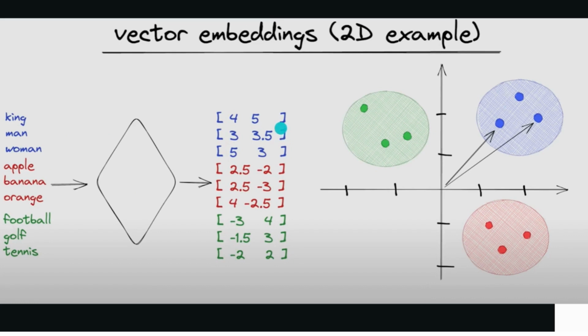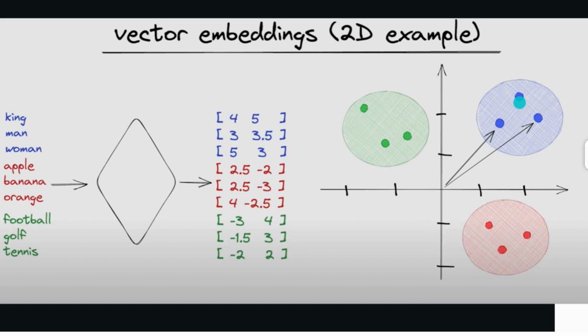So king is 4 and 5, I'm believing 4 is the x-axis, so let's assume this is king. And then you see the one for man, 3.5. This is its own distinct representation, so this is where the man representation is most likely to be.